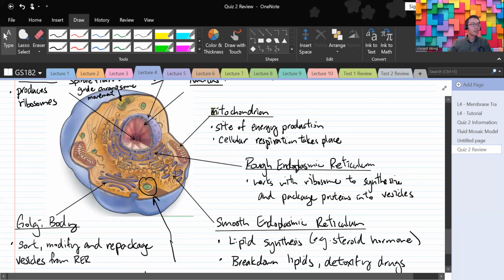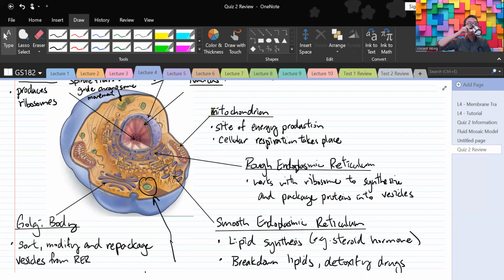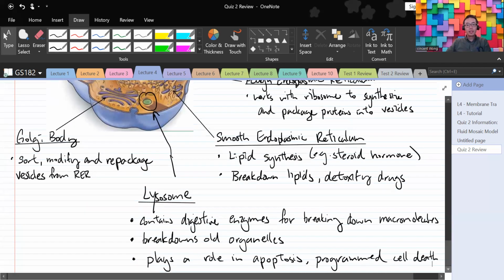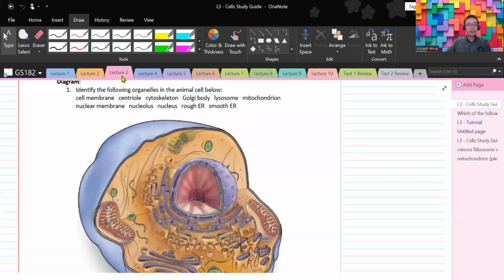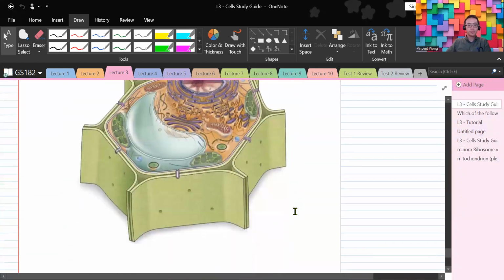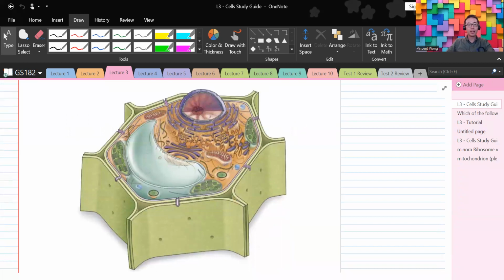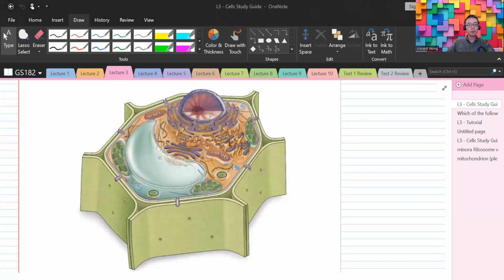Any question about the cell? Okay. I'm just going to label the plant cell as well, because half of you will get the animal cell on the quiz. The other half will get the plant cell. So it's only fair that I also label the other one.